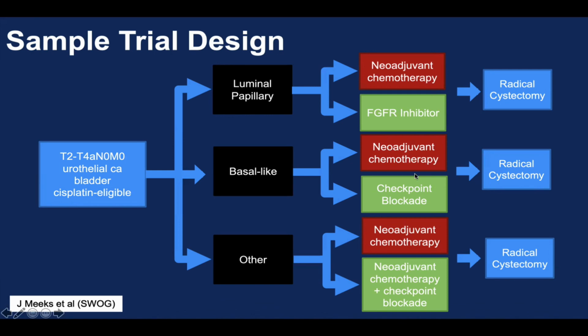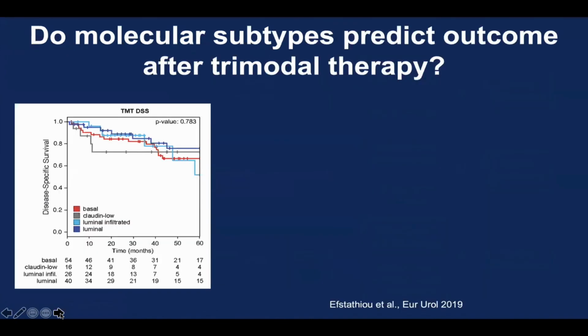For the basal, there's reason to think that immune checkpoint blockade would work, so we'd compare that to the standard of care. And for the others, we'd actually combine chemo and immunotherapy. This is a type of trial where you could add in other treatments as you go along, as we understand the biology more and have more compelling reason to try something else. So that's just a concept.